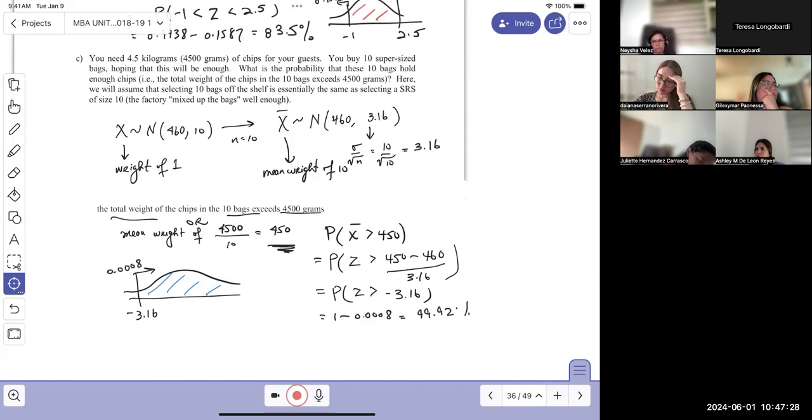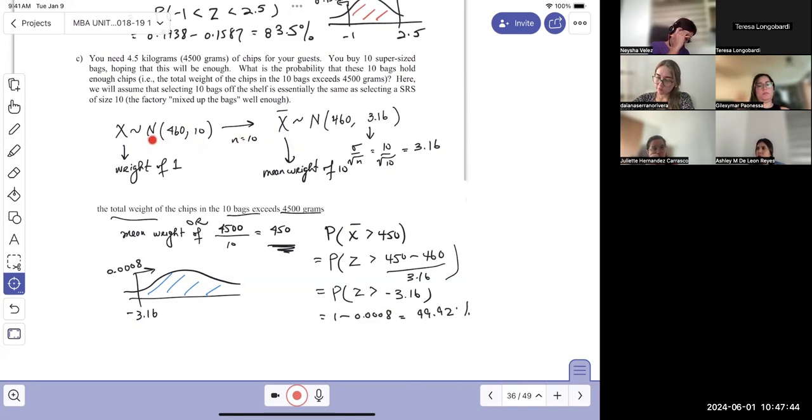What I'm going to do next is a problem where we do not necessarily know the distribution of the original variable. Here I told you it's normal, so this one's normal.